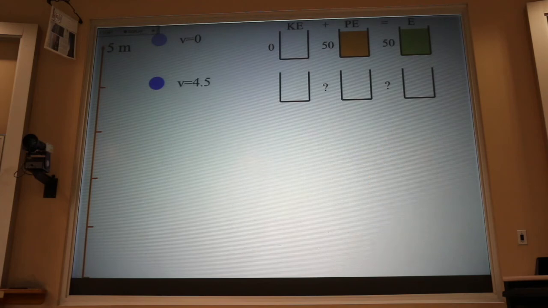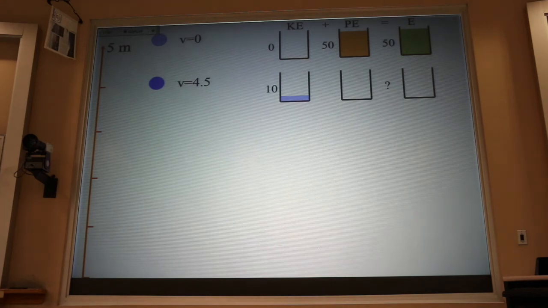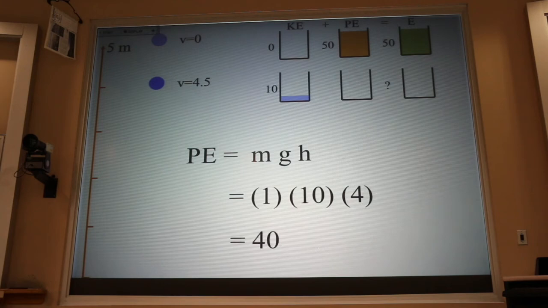So let's fill up our buckets. The kinetic energy bucket is going to be 1/2 times 1 times the square root of 20 squared, and that's going to give me 10 units of kinetic energy. My potential energy, my height is only 4 meters now, so I now have 40 units, or 40 joules.